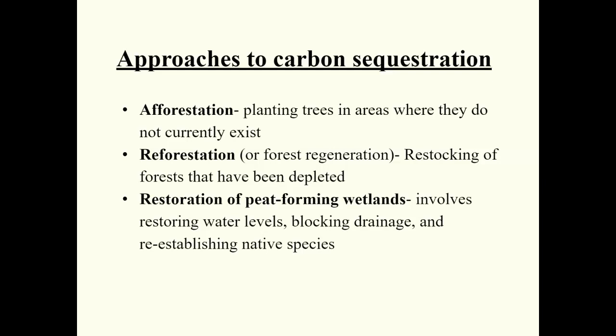Remember, peat requires waterlogged and anaerobic, sometimes acidic conditions, and by damming up the water or draining that area, diverting the water, we have dried out those wetlands, typically for farming, and we want to restore those water levels and remove any blockages that we've done to drain or divert the water, and then hopefully reestablish some of the native species. And then once it's back to wetland, we can sequester carbon through the formation of peat.